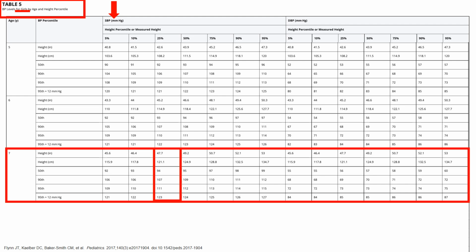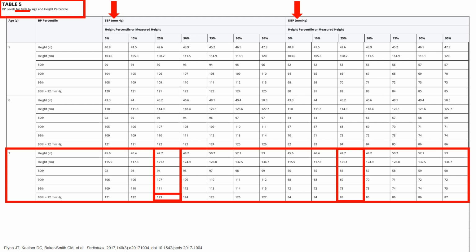Because the systolic is 127, we're going to go ahead and pick 123, which is that 95th plus 12 millimeters of mercury percentile. But we also need to look at the diastolic blood pressure, because again, we have 121 centimeters as the height for the patient.